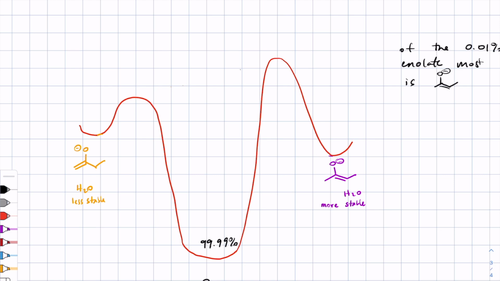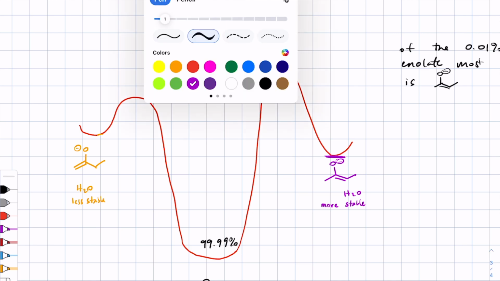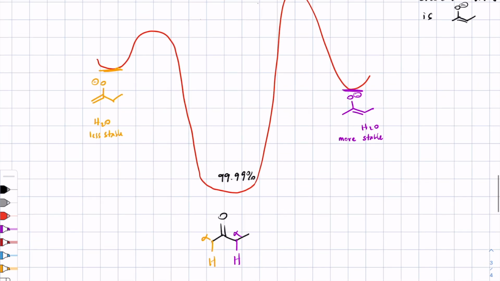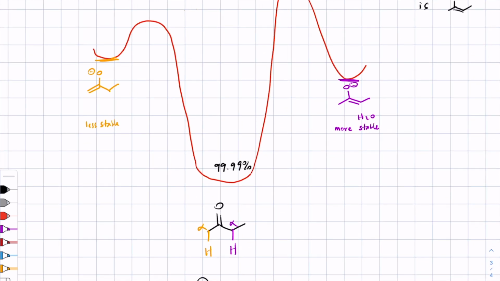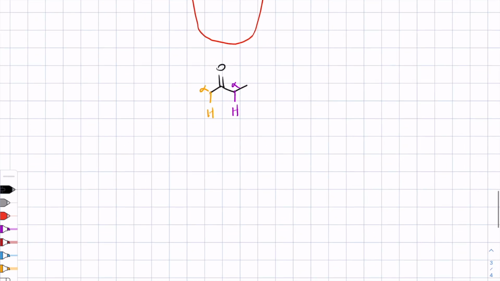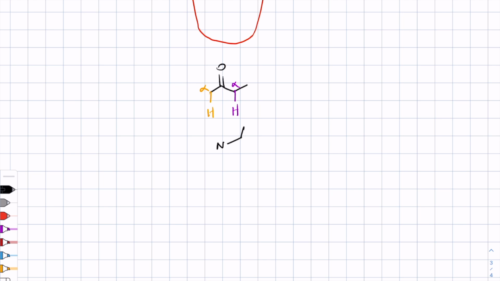And in fact, let's just use a purple line to indicate the position of the more substituted enolate, and an orange line to indicate the position of the less substituted enolate. Their relative stability isn't going to change, but now instead of using hydroxide versus water, we're using lithium diisopropyl amide, or LDA.